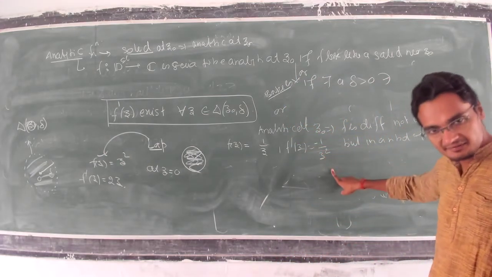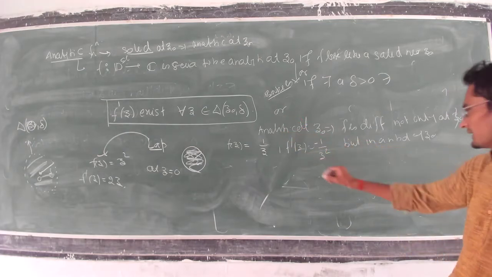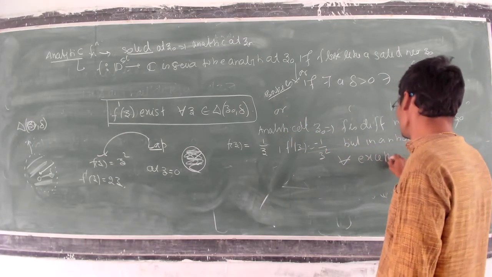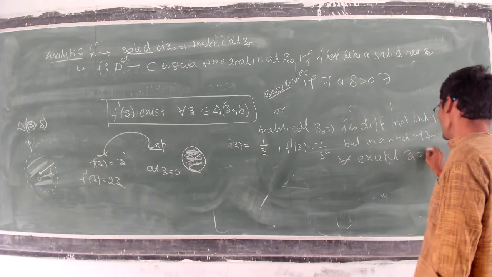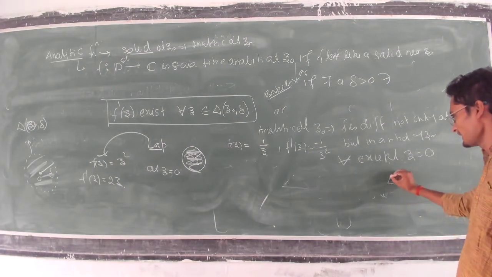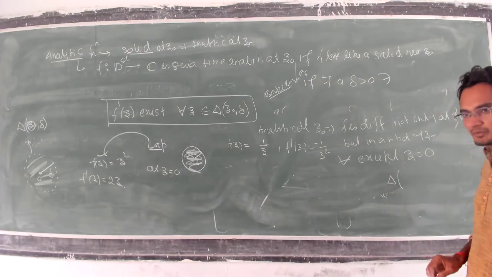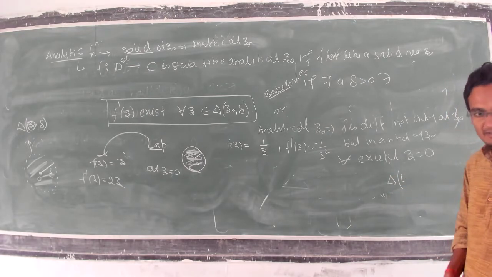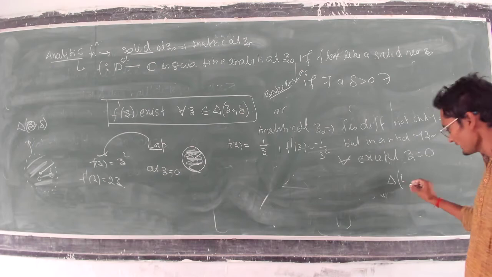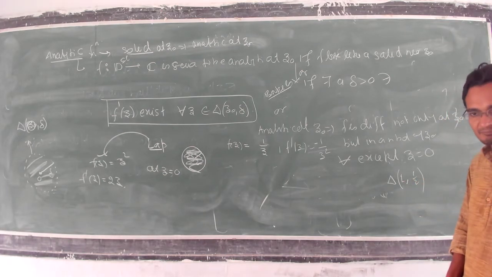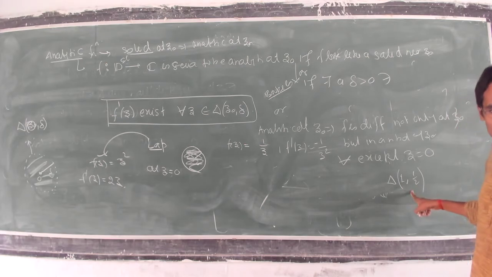This exists everywhere except z equal to 0. So if I take a disk and ask you, can you check the differentiability at 1? You will say yes. At 1, take radius 1 by 2 or 1 by 100, yes, so 0 will not come here.